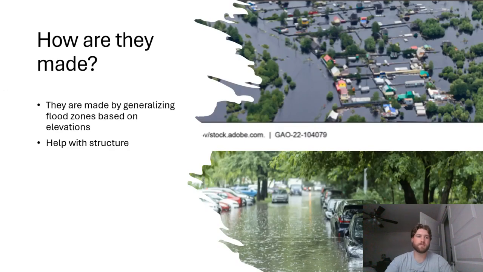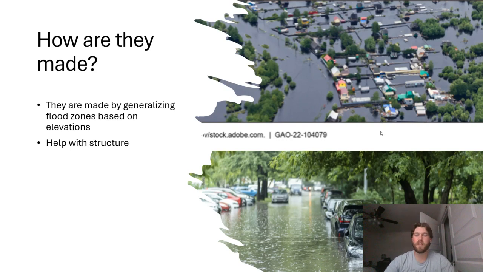How are these maps made? They are made by generalizing flood zones based on elevations. So if you're in a low elevation place next to a river or a lake, chances are you're going to be in a moderate to high flood risk area. And it's important to know where your parcel lies, because there are different codes and regulations on building in moderate to high flood risk areas.